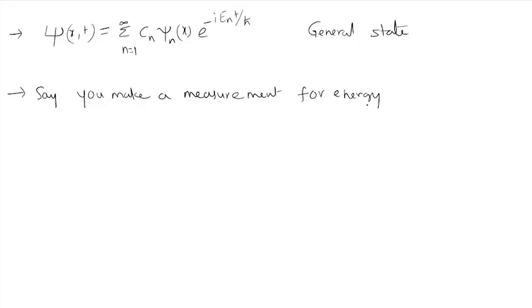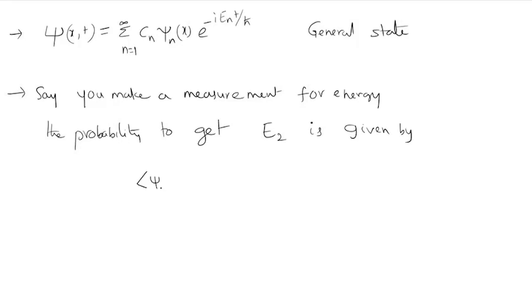If you're measuring energy, then the probability to get, let us say, E2 is given by psi 2 with the big function, and you take the modulus and square. This is the probability to get energy E2. This is how you calculate probabilities.